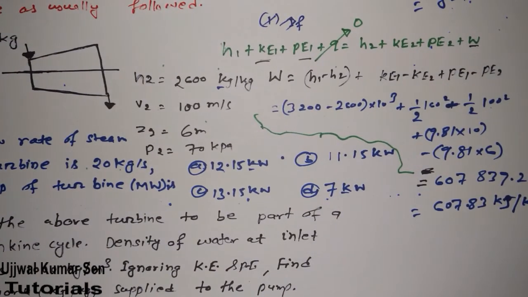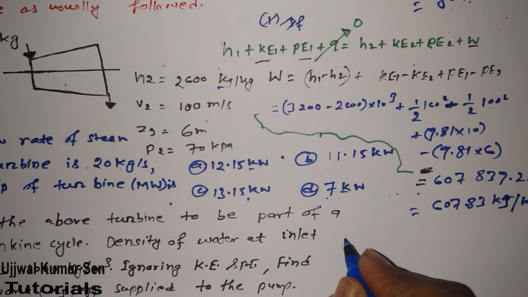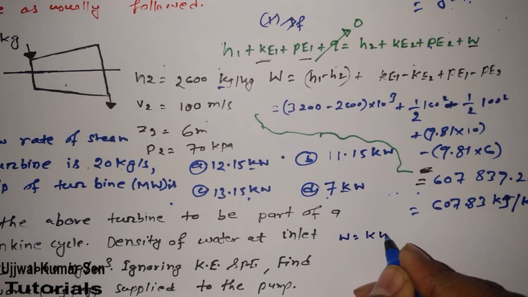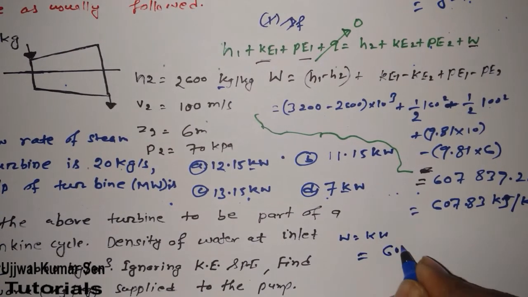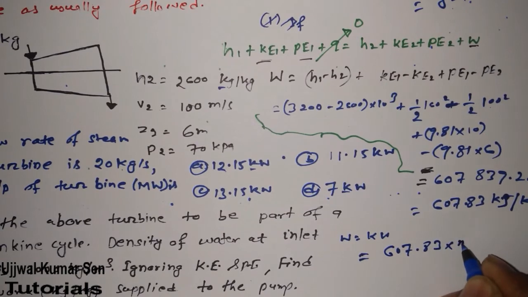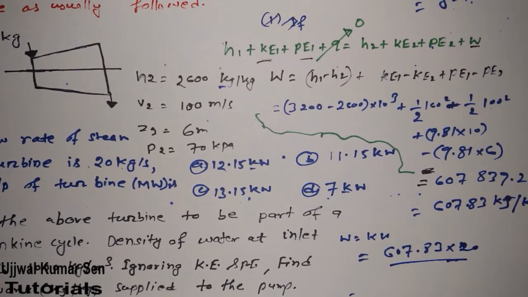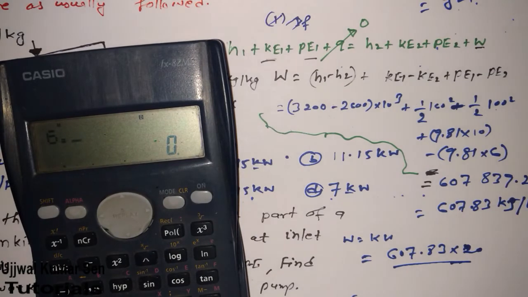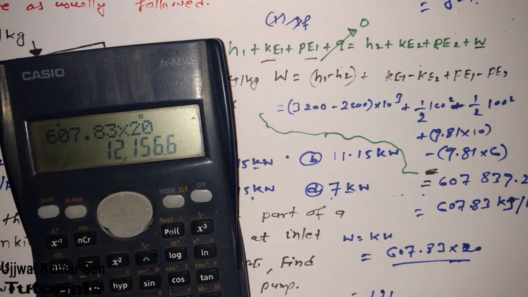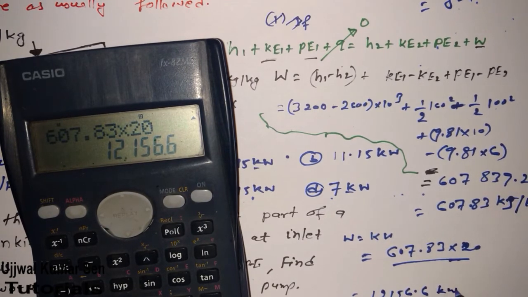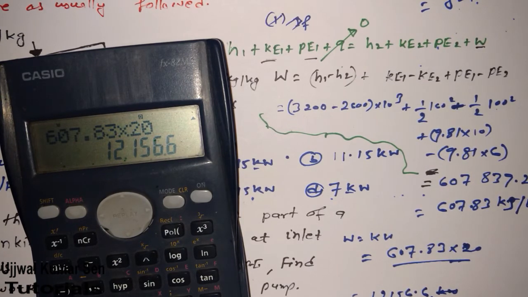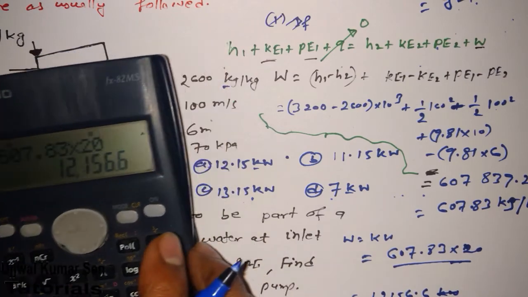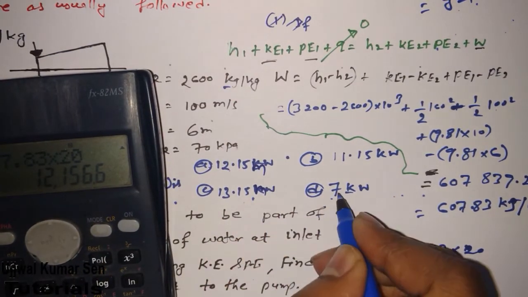We have to find W in kilowatt. 607.83 multiplied by 20 gives 12156.6.